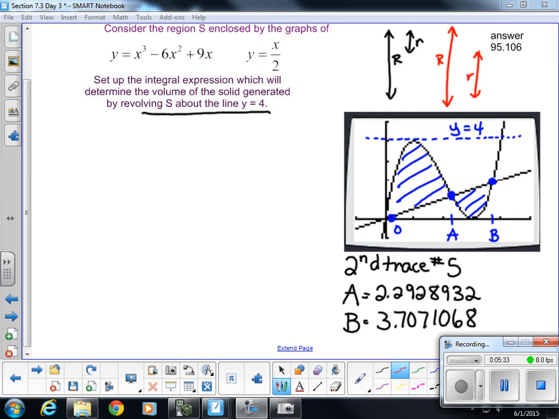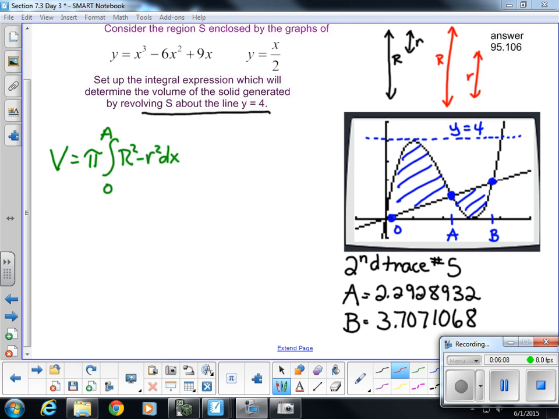So what we're going to do is, because part of this integral from 0 to A, the cubic function is on top, and from A to B, the line is on top. So we're going to divide these two regions in half, and we're going to take the volume equals pi times the washer going from 0 to A, so we have to take r squared minus r squared dx.